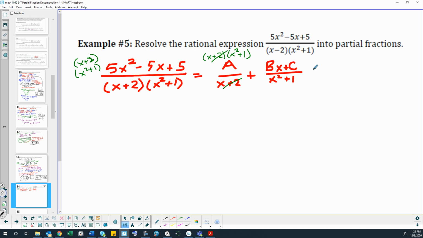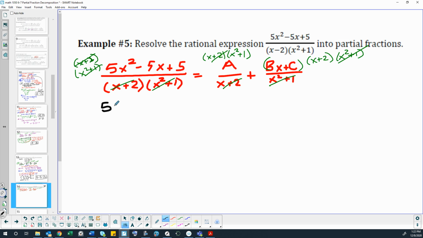So that part cancels, this whole thing cancels. And then here we have x plus 2 times x squared plus 1. That part goes away.